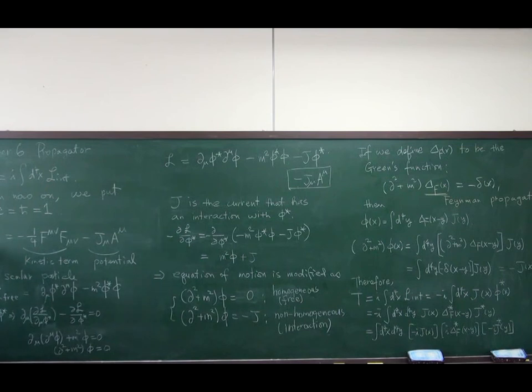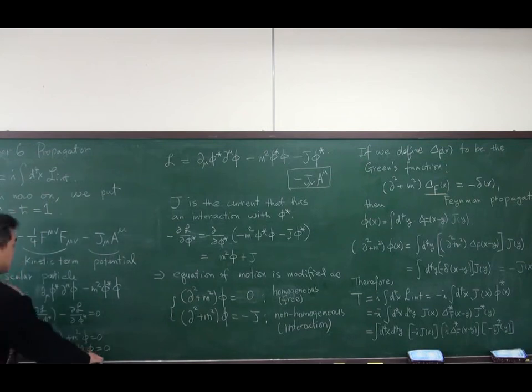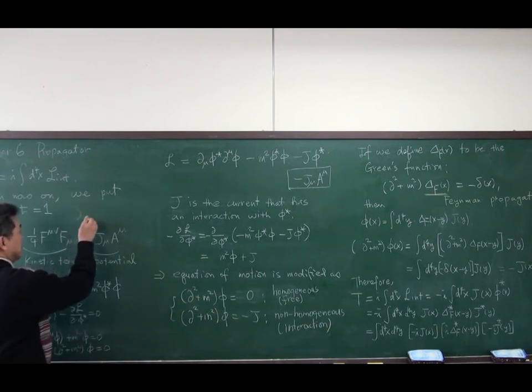Recall that the Lagrangian for the electromagnetic interaction is minus 1/4 F mu nu F mu nu, and there's an interaction term minus j mu A mu. When we derive the equation of motion for this Lagrangian with respect to A mu, we just took the derivative.